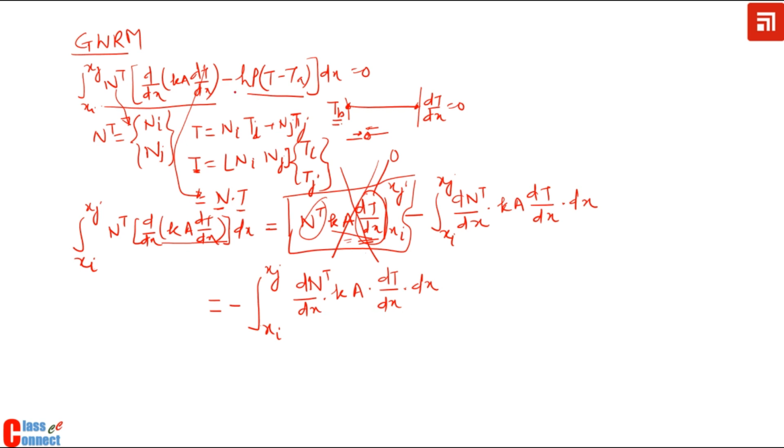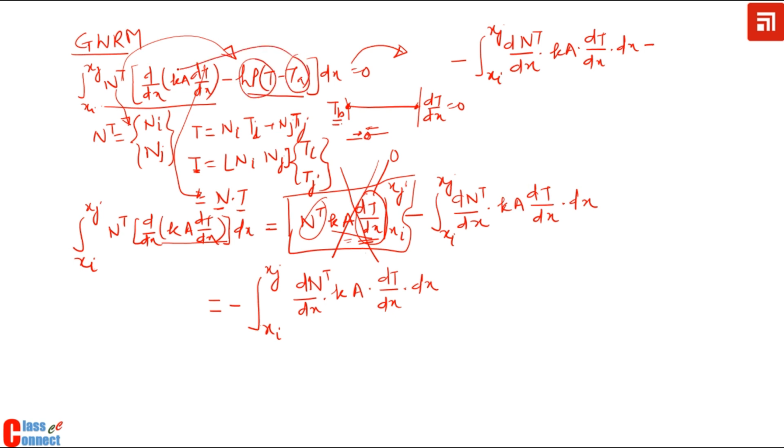Now I can write the left hand side of this equation in this form: minus the integral from xi to xj of dN transpose by dx k A dT/dx dx, minus, here N transpose is to be multiplied by this, so I can take these terms together, this term with N transpose together.